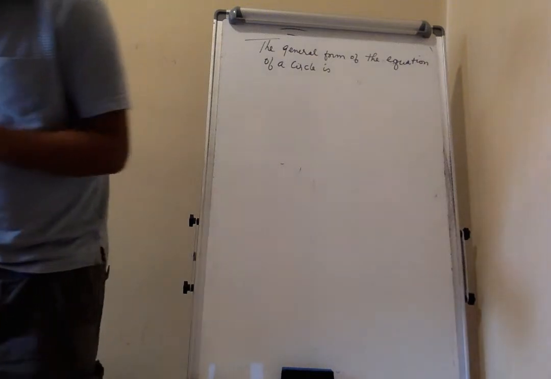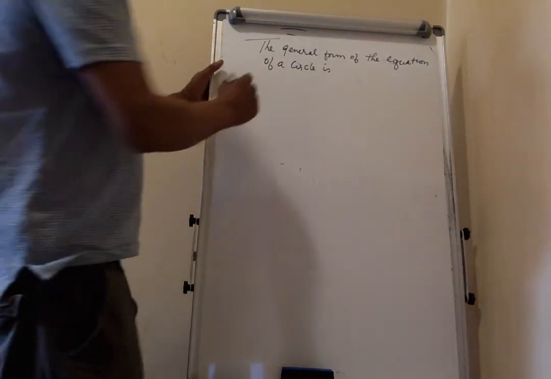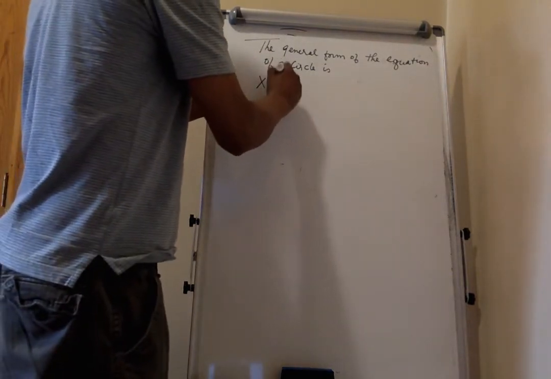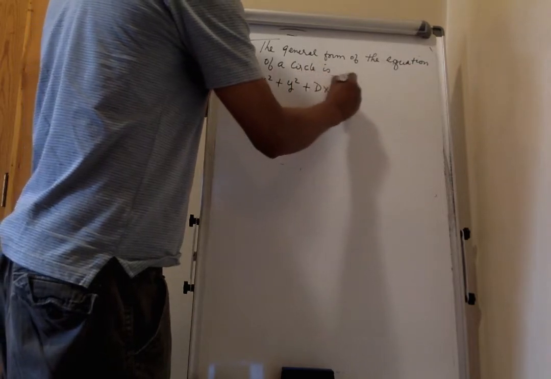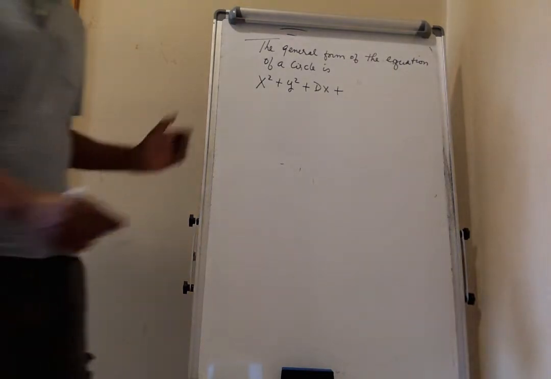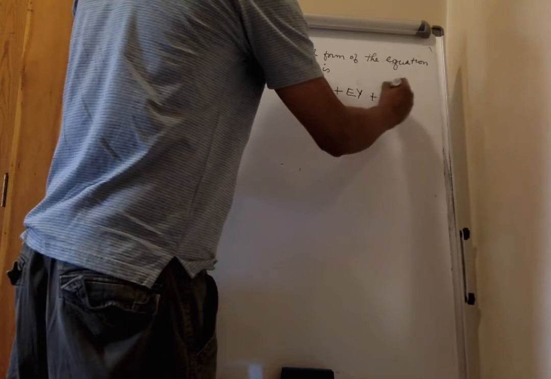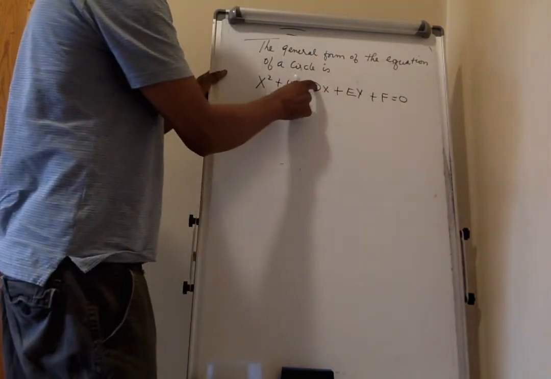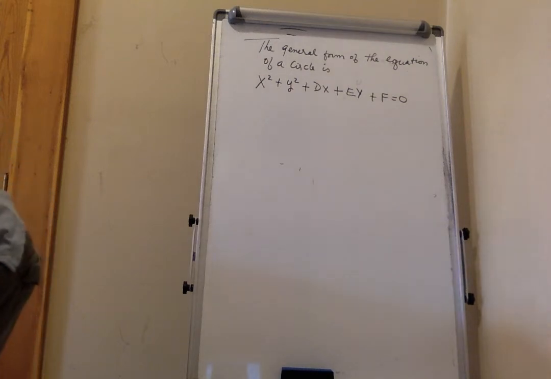Let me write it. So you have x squared plus y squared plus dx plus ey plus f is equal to 0, knowing full well d, e, and f are constant numbers. They are not variables.